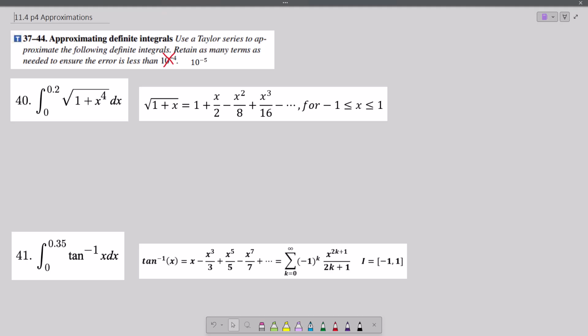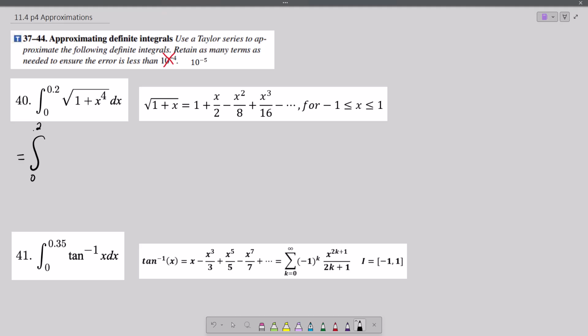So this is a binomial. And here is the binomial expansion for the root of 1 plus x. So we already know that. We calculated that last week. So what we could do here is replace this binomial. So we'll go from 0 to 0.2. And we're going to replace this binomial with the series expansion.